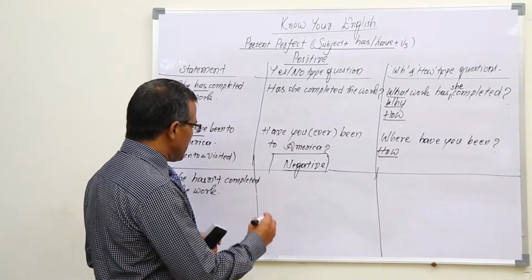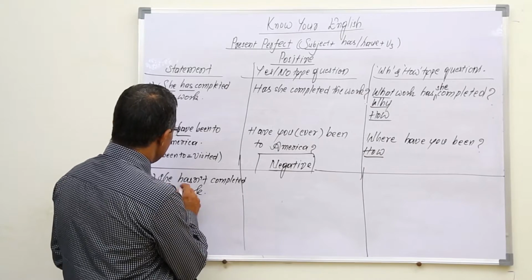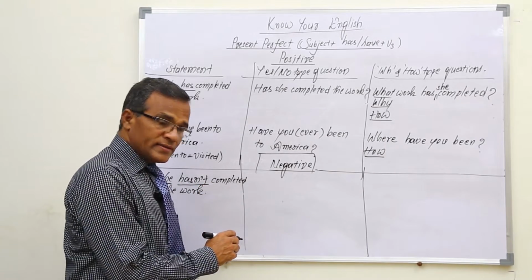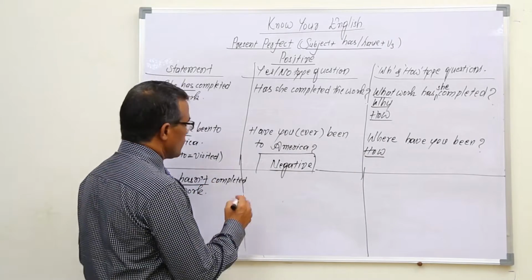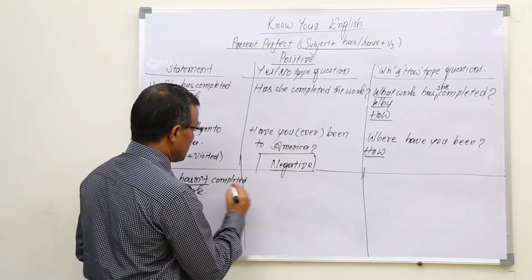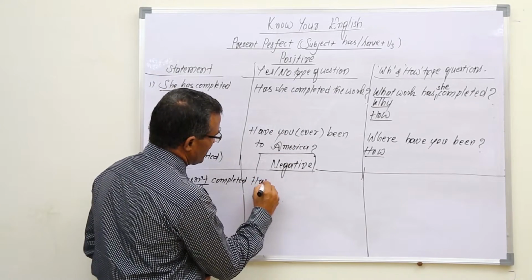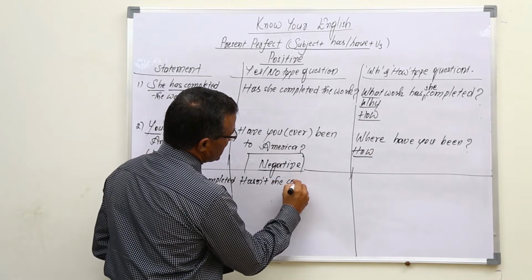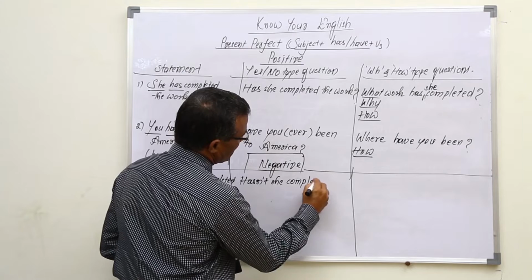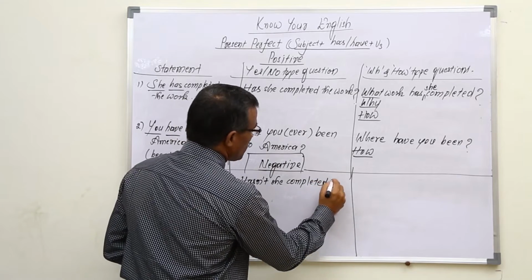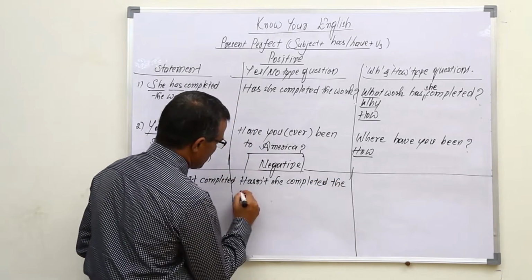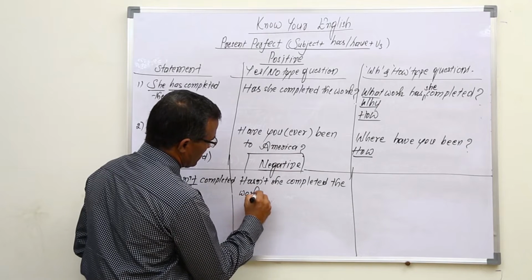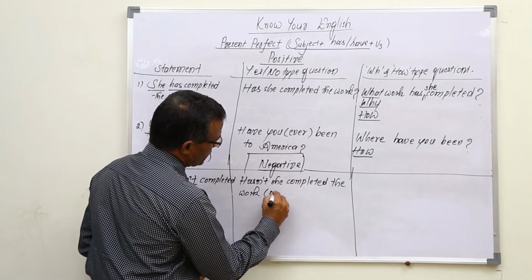And the question simply, by changing the order of subject and hasn't, we can get yes or no type question. Hasn't she completed the work? We can add even so far also for this.